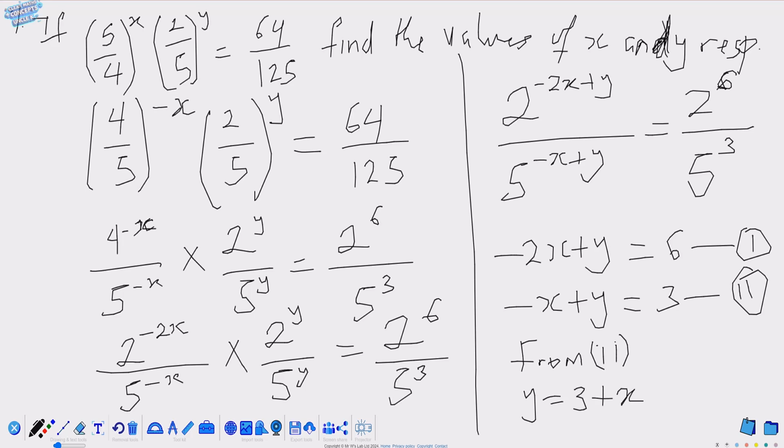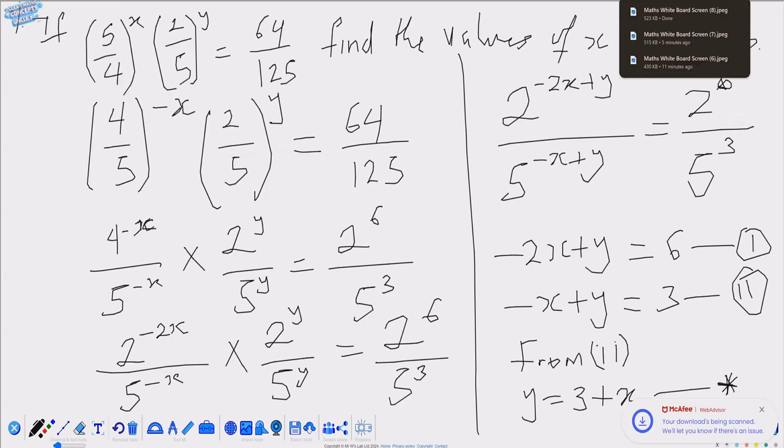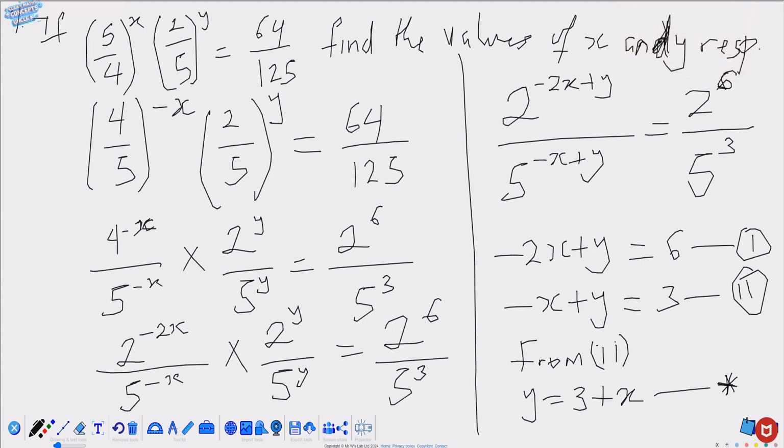Take the x to the other side, right? Okay. So you now substitute this. You can call it equation star. So substitute star into equation 1, which is minus 2x plus y equals 6.